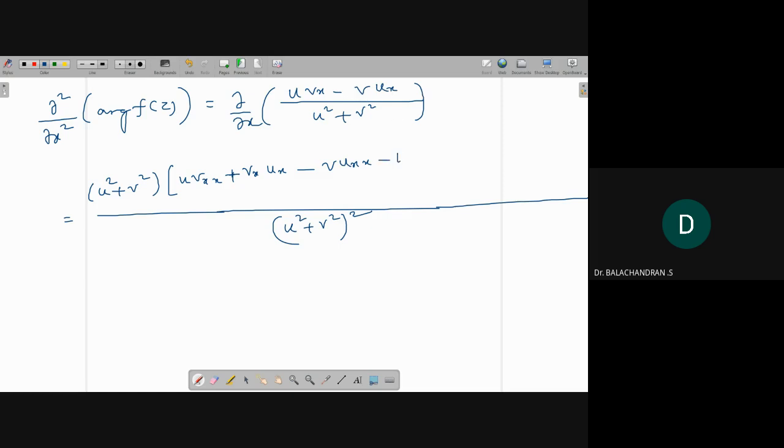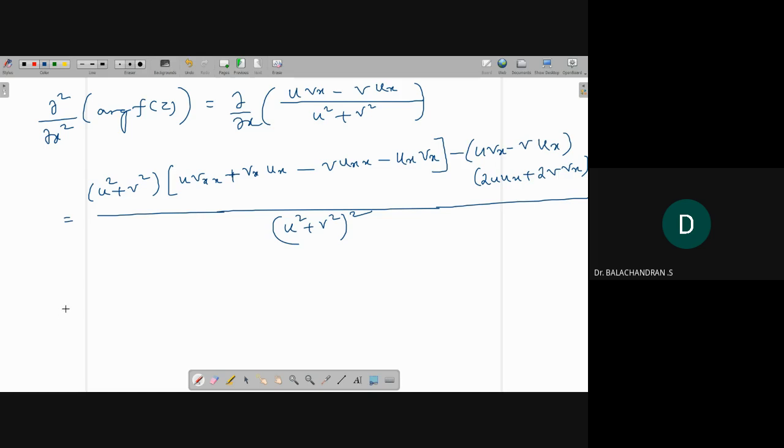Hmm, close the bracket, and then minus, keep the numerator. What is the numerator? U into vx minus v into ux. If you differentiate u square plus v square, you will get 2u ux plus 2v vx. Close the bracket.